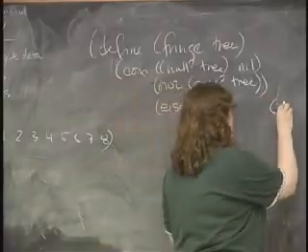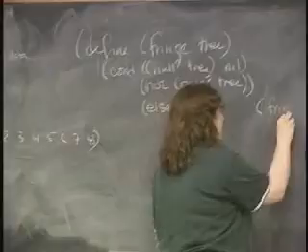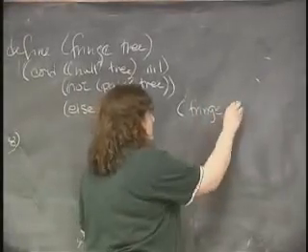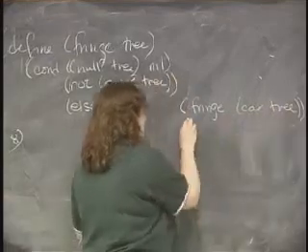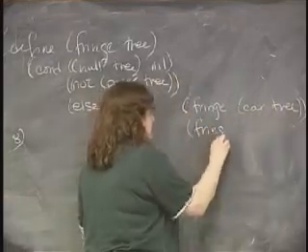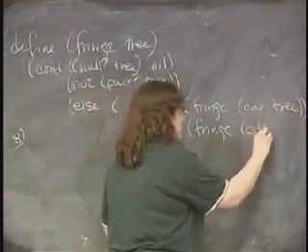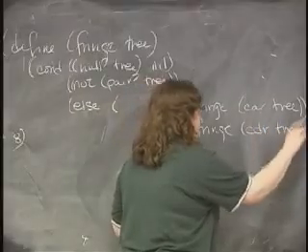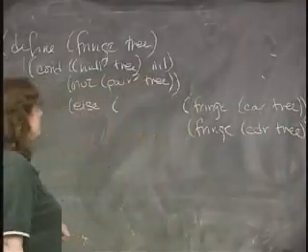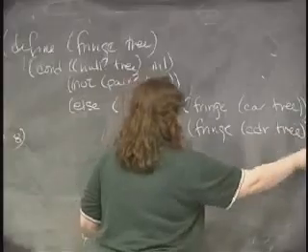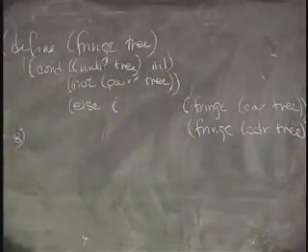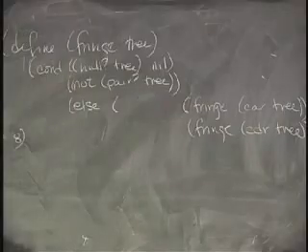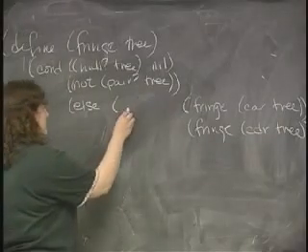The first list will be built up somehow using fringe on the car of the tree, and the second one is going to be built up on the fringe of the cdr. Okay, we got some holes. I hear we want to append these guys.